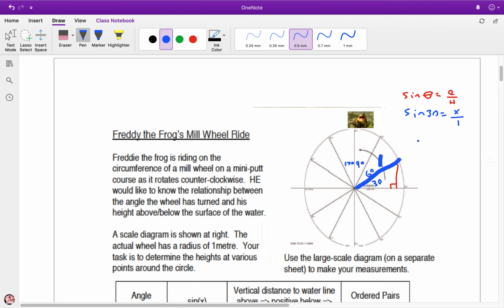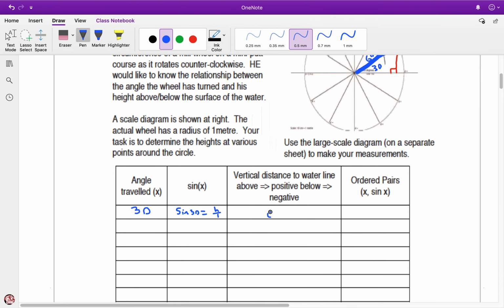If we rearrange this, it's going to be 1 times sine 30 equals the height. All I'm going to do is plug into my calculator and make sure it's on degrees. Sine 30. So sine 30 says to old Freddy, he's 0.5 over the water. And if we were to write this as an ordered pair, we would write 30, as in our degrees, comma 0.5.